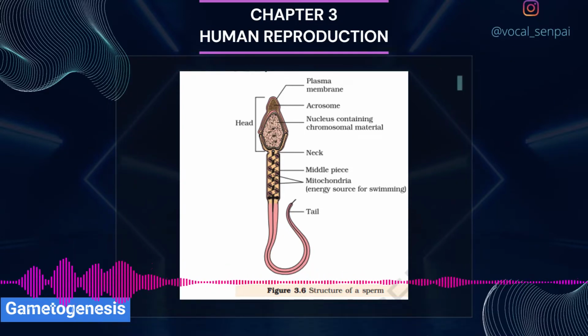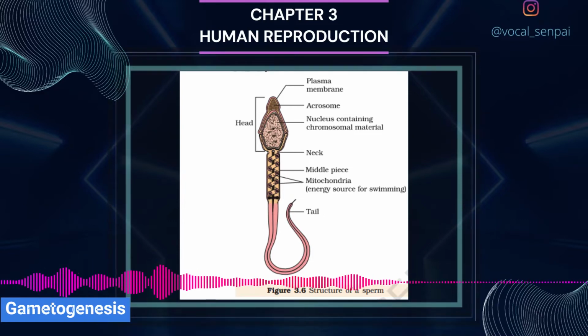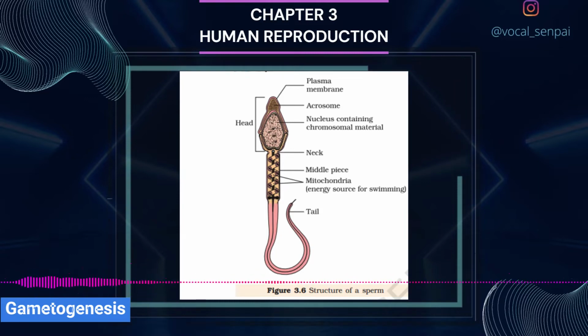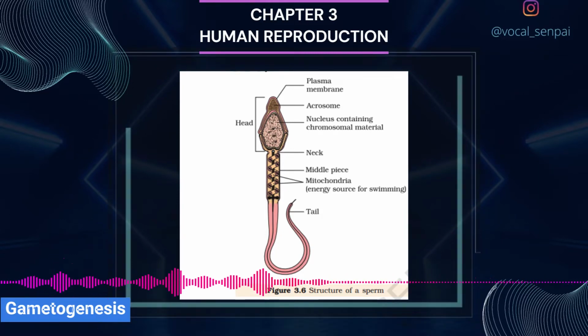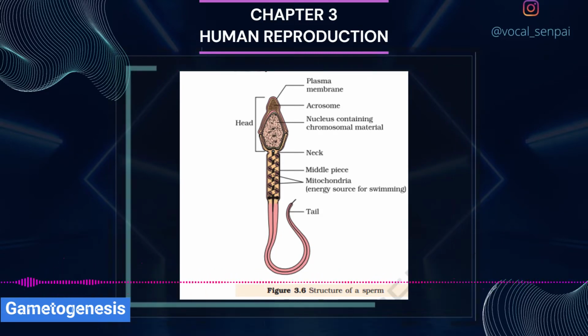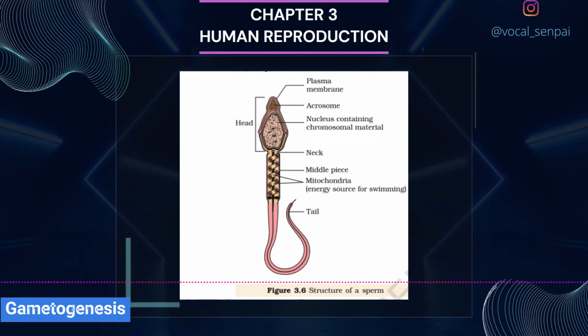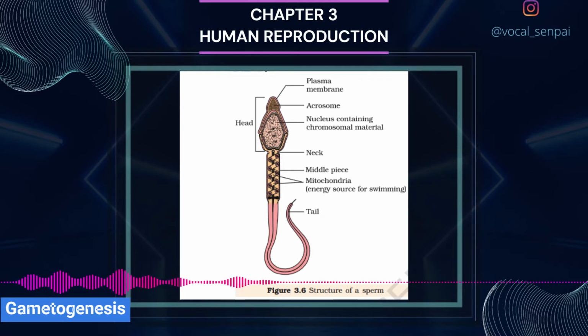A plasma membrane envelopes the whole body of sperm. The sperm head contains an elongated haploid nucleus, the anterior portion of which is covered by a cap-like structure, acrosome. The acrosome is filled with enzymes that help fertilization of the ovum.